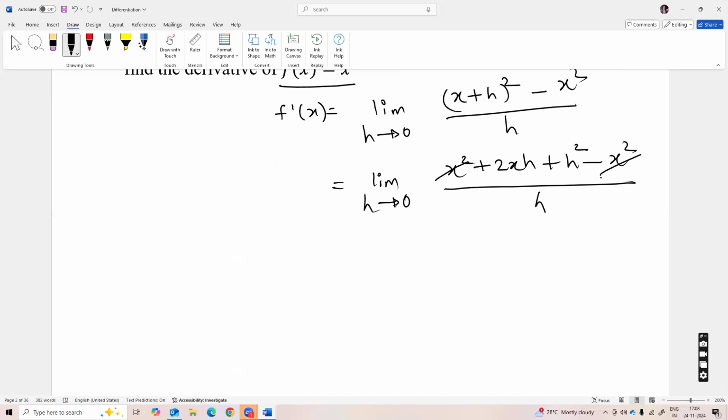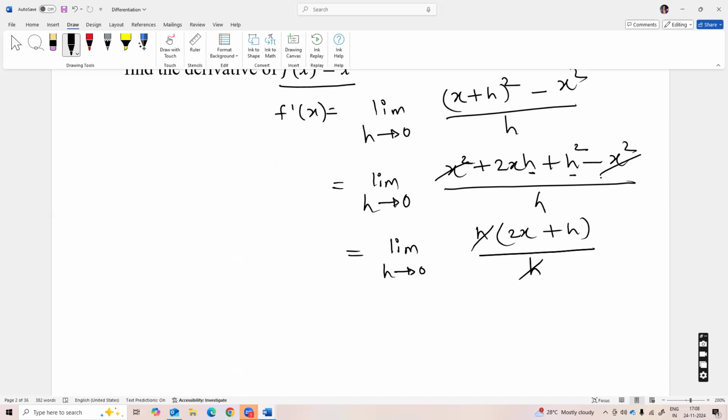If we take h common, we get limit h tends to 0 of h into 2x plus h, divided by h. Again h and h will get cancelled.